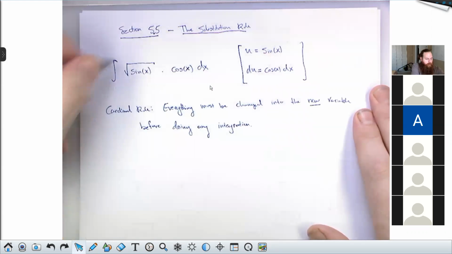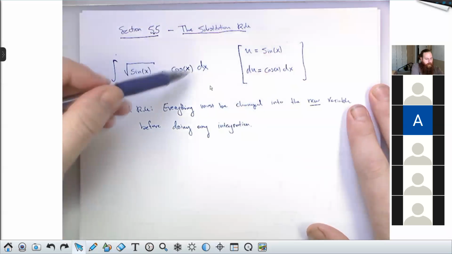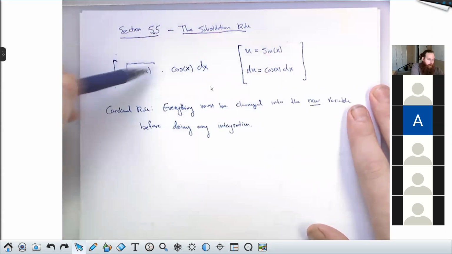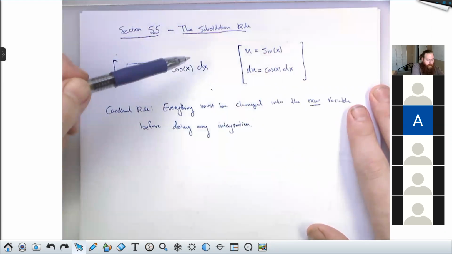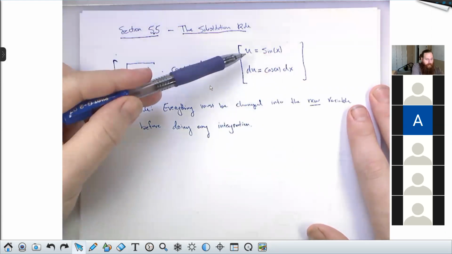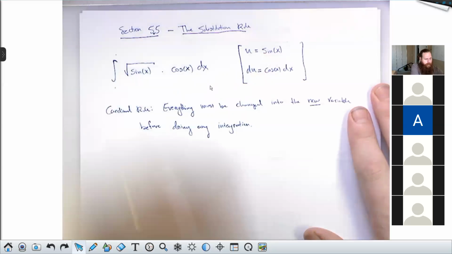So if you have bounds for your integral, if it's a definite integral, you've got to get rid of those old bounds and change them into bounds for the new variable. Your integrand, the function you're integrating, has to get rid of all the old variables and have only the new variable. So no x's, only u's. And then your differential, the dx thing, you've got to get rid of that and swap it out for a du thing. Now here we're lucky.